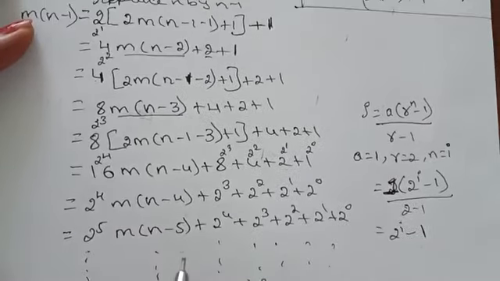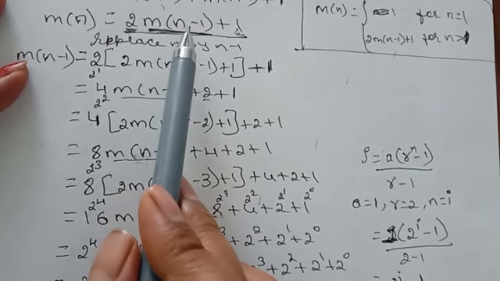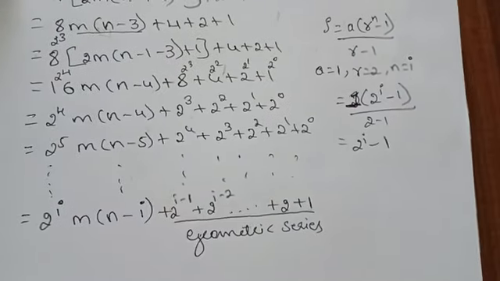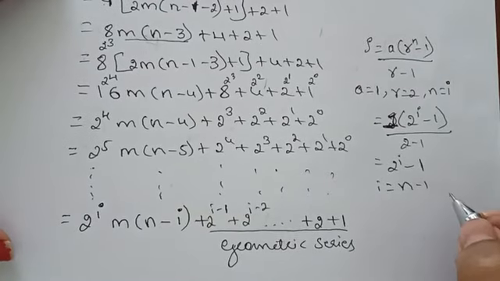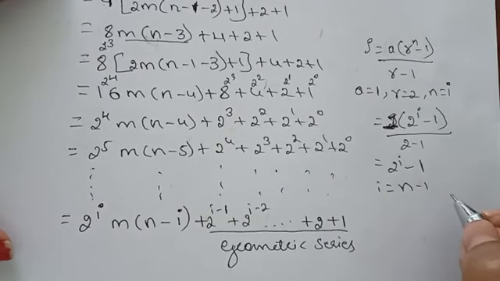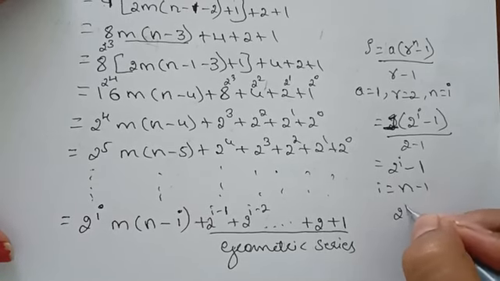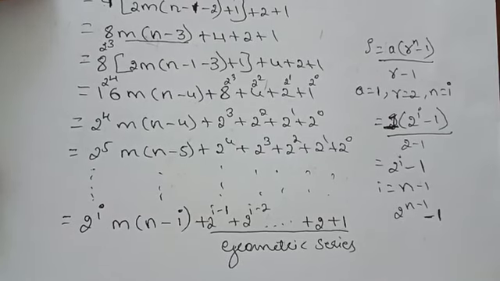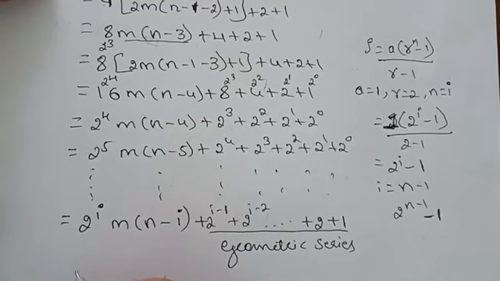Here, what is the initial condition? M of n minus 1. Inside the function, I have a parameter n minus 1. So, here I can just take i is equal to n minus 1. If I take i is equal to n minus 1, then I can just write it as 2 power n minus 1 minus 1. Is it not? So, the same thing I'll just do here also.